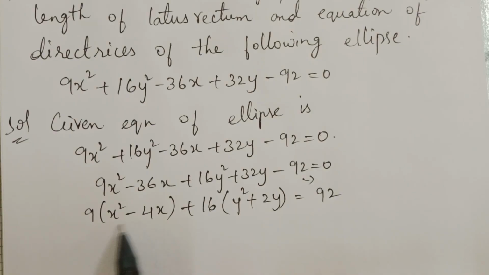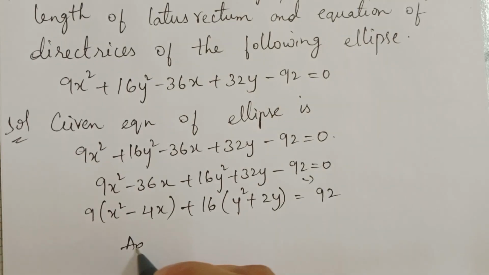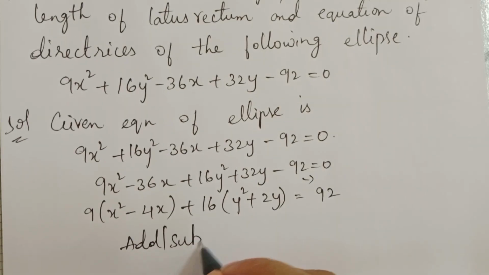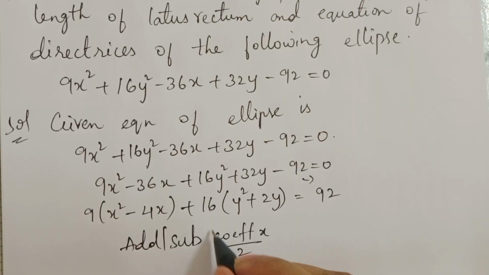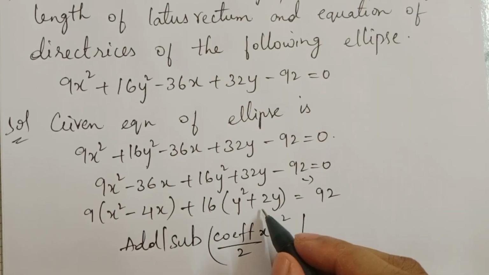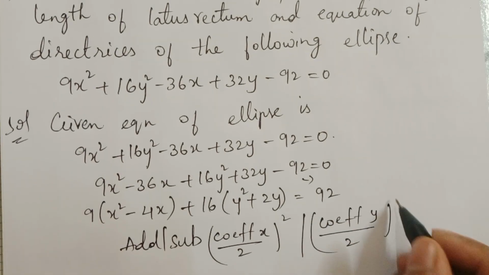Now we should get these terms in an a plus b whole square or a minus b whole square formula. So we can add and subtract the coefficient of x by 2 whole square. Similarly for y, it is the coefficient of y by 2 whole square.